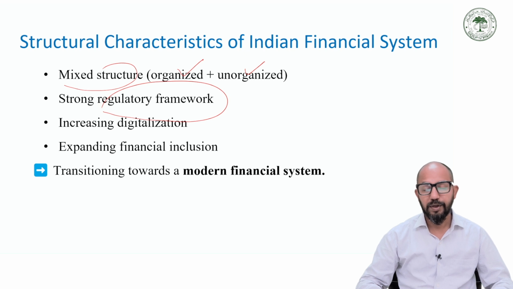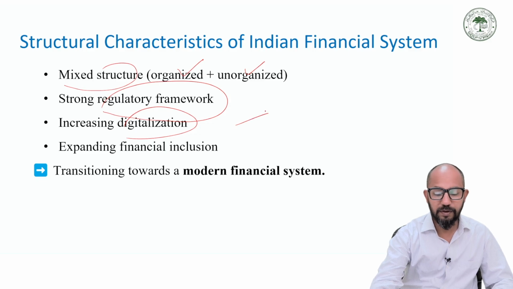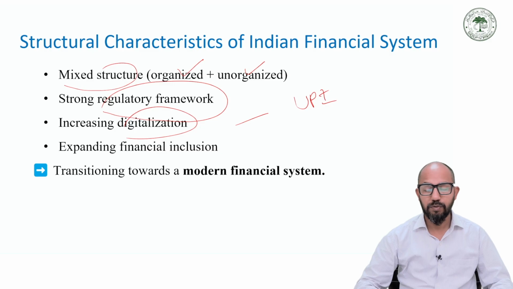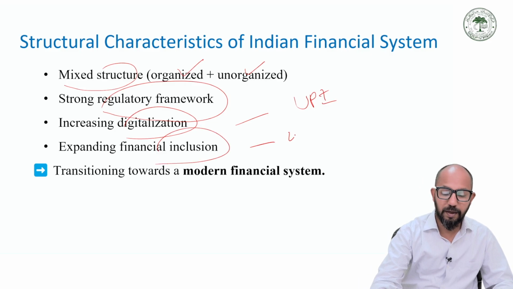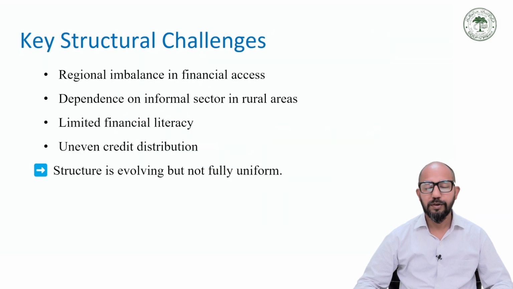It is also characterized by increased digitalization, one example being UPI usage, that is Unified Payment Interface usage, in buying and selling in the economy. It is also characterized by expanding financial inclusion, that is, bringing unbanked people into its organized fold. Thus, it would be justified to say that the Indian financial system has worked well and is now transitioning towards a modern financial system.